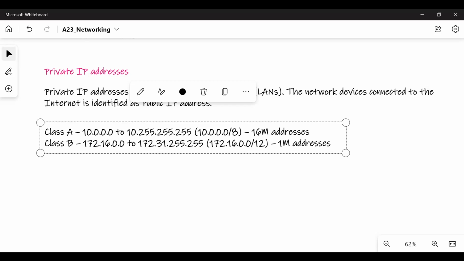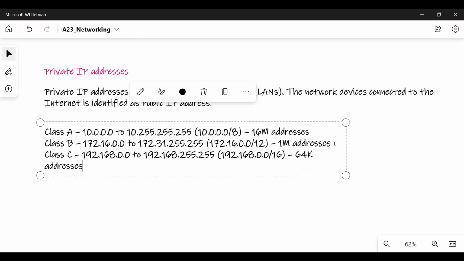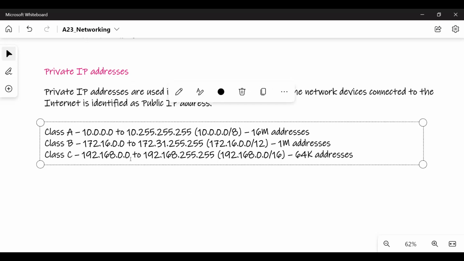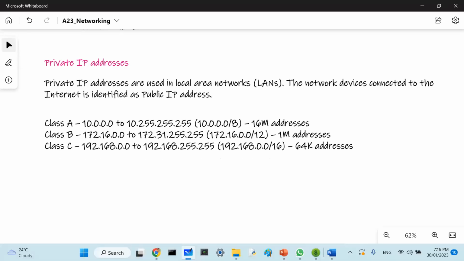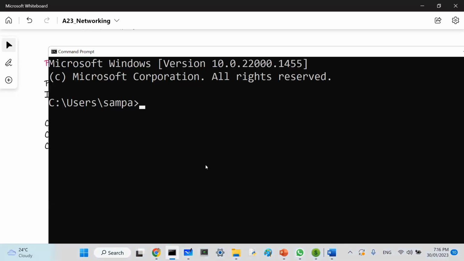And the third one is class C, which is what you normally see in our networks. This is class C, which ranges from 192.168.0.0 to 192.168.255.255. So for example, if I go to my screen, let's take my command line.